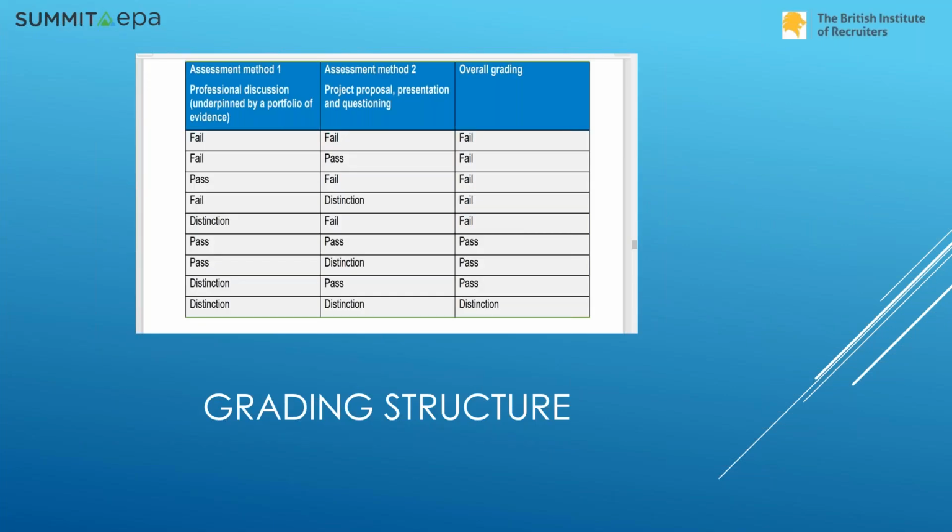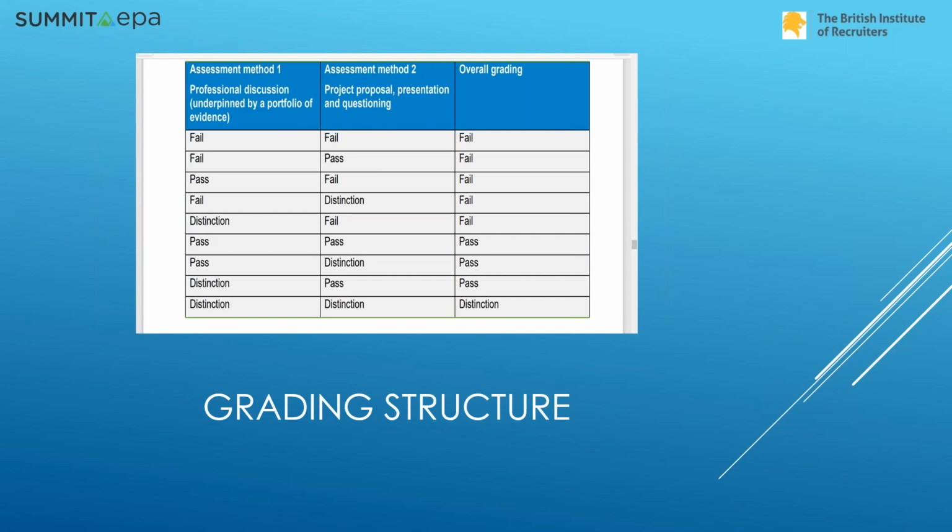As mentioned with the grading structure, and this is taken from the actual assessment plan, the only way an apprentice can get a distinction is to get distinctions in both areas. So if they have got a distinction in the professional discussion and a pass in the project proposal, it's not a sum of adding up; that's just a pass only.